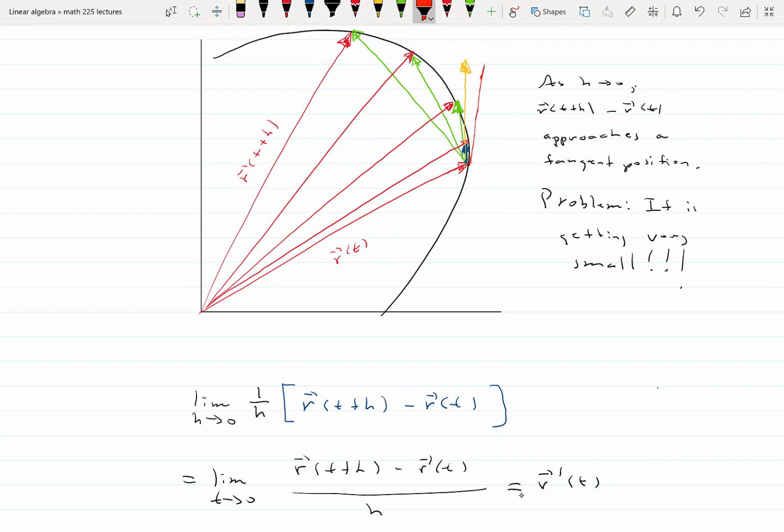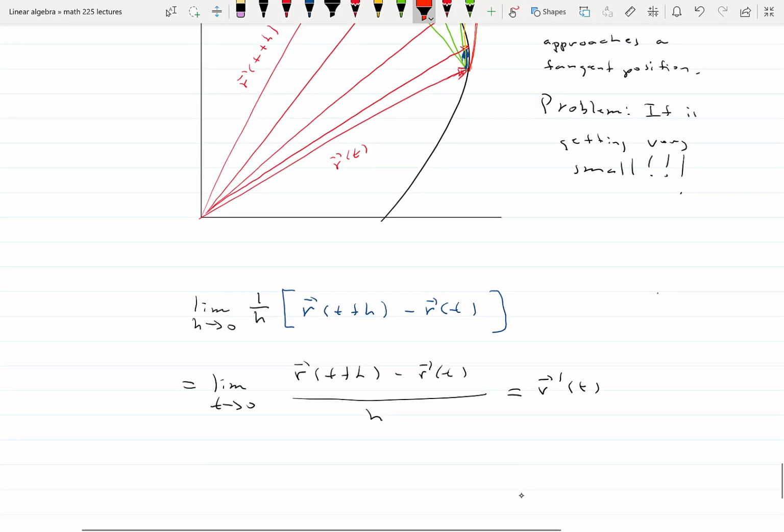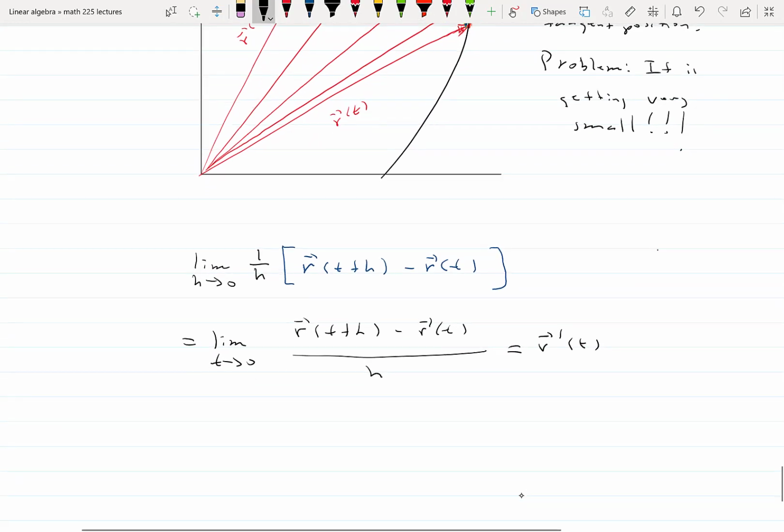It should approach a tangent vector. That is r prime of t. r prime of t, this vector is tangent to the curve, tangent to the curve r of t, and it does one other thing.